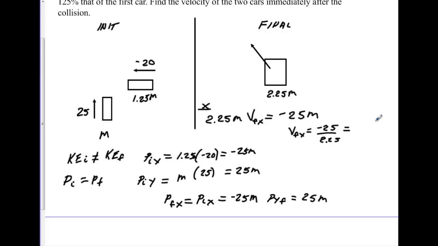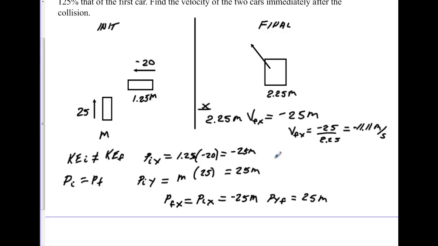And we'll run that through the calculator real quick. 25 divided by 2.25, and that gets us negative 11.11 meters per second. Alright, we can do the same thing with the y.